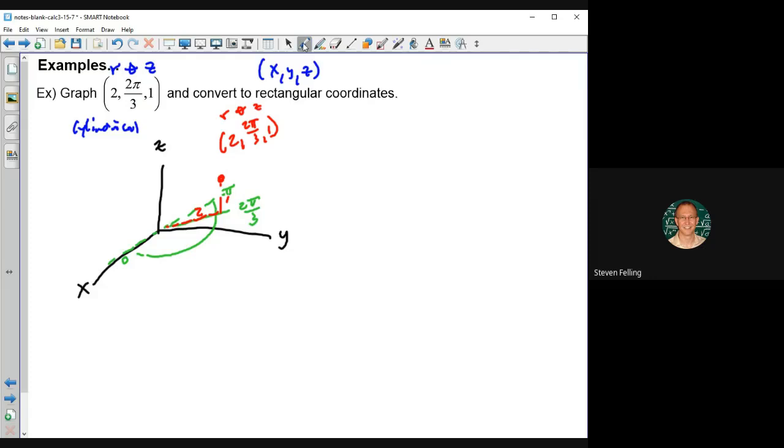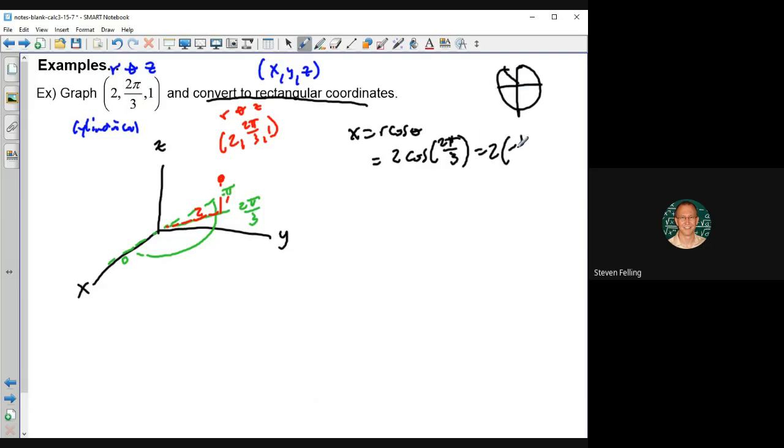Now the second part of this problem is asking me to convert this to rectangular coordinates. That's easy to do because x is just r cosine theta. The radius is 2 and the angle is 2 pi over 3, and I know from the unit circle that the cosine of 2 pi over 3 is -1/2.